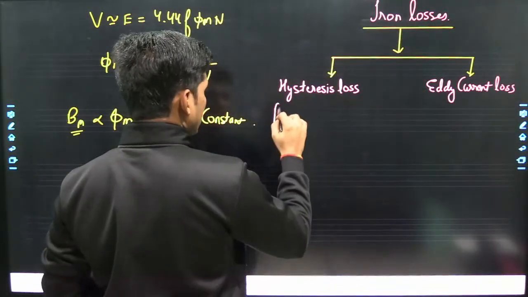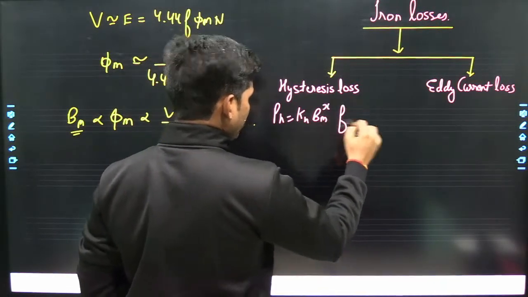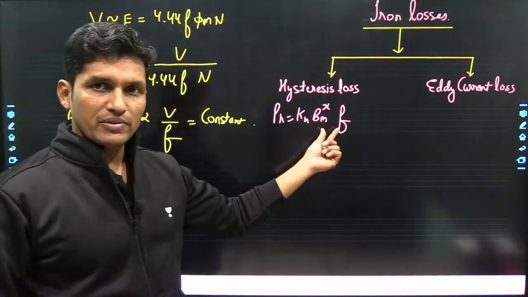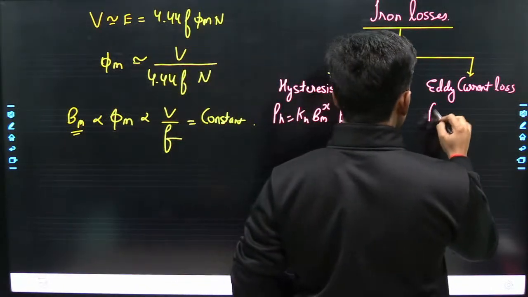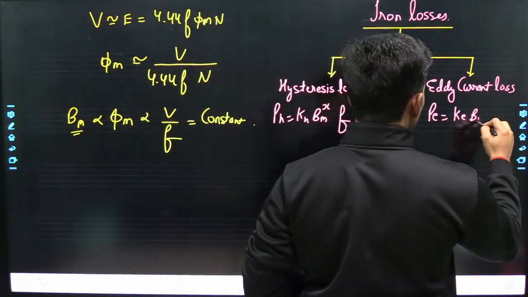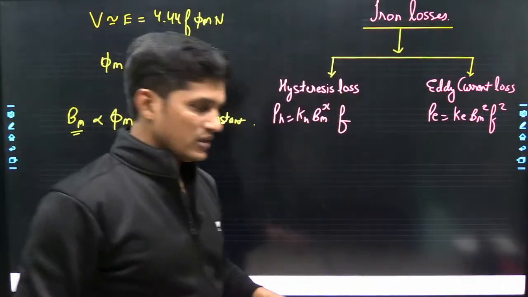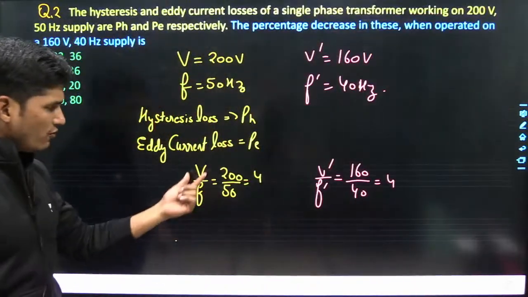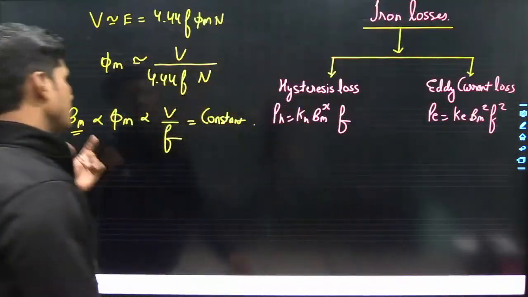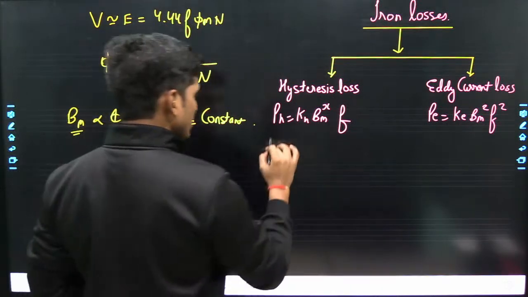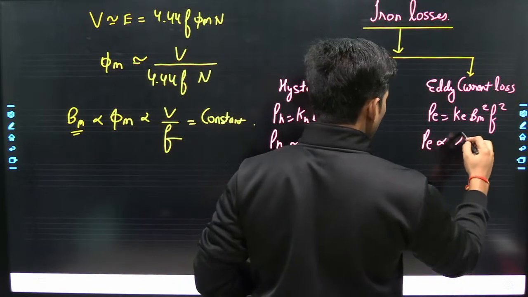Hysteresis loss, that is PH, equal to KH Bm raised to power x into F. KH is a constant, Bm is the peak of the magnetic flux density, x is the Steinmetz constant, F is the frequency. Whereas in eddy current losses, PE equal to Ke Bm square F square. In this particular case, the ratio of voltage by frequency is constant. That means Bm remains constant. If Bm remains constant, hysteresis loss is directly proportional to frequency, and eddy current loss is directly proportional to frequency square.